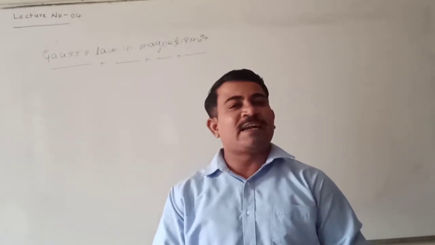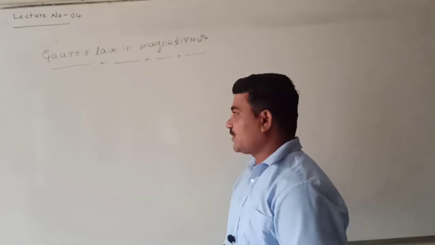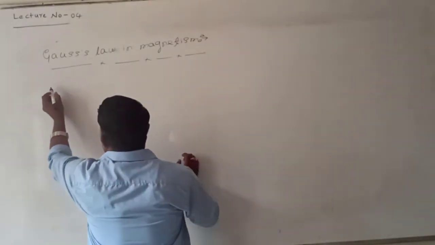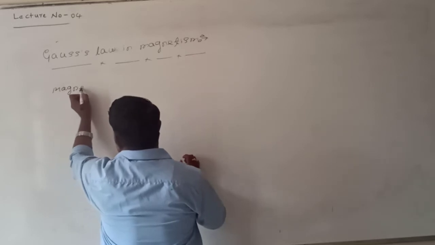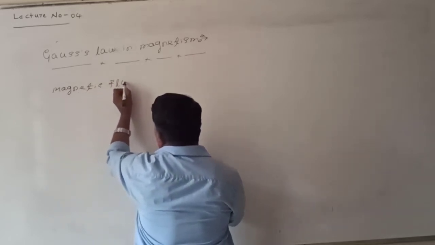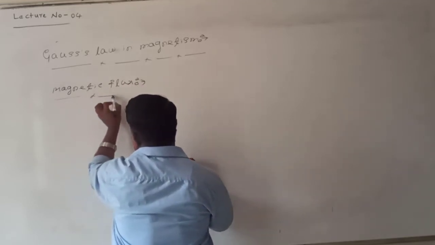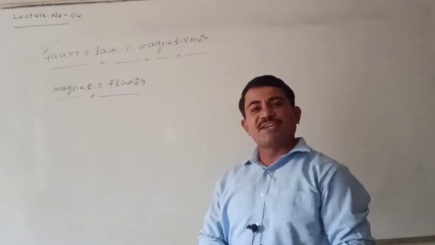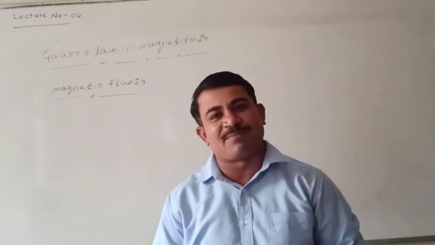So before that, let us see what is magnetic flux. How to say the magnetic flux actually? Look at me. To understand the concept of magnetic flux, we have already explained it in moving charges and magnetism.